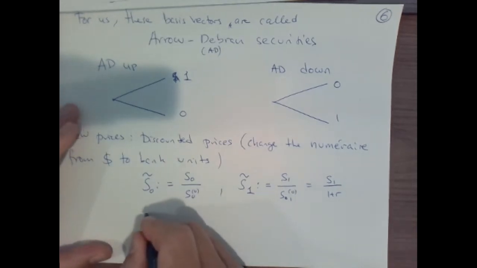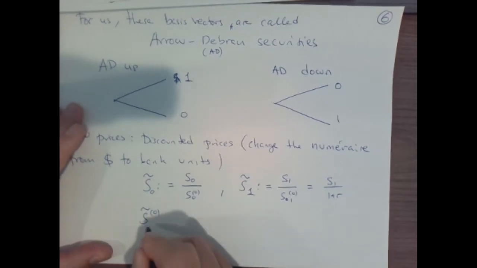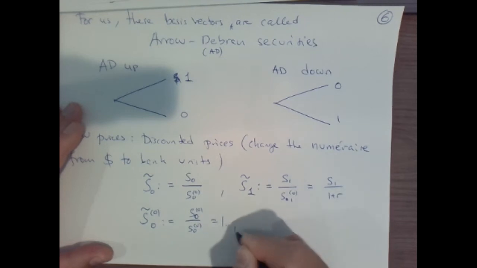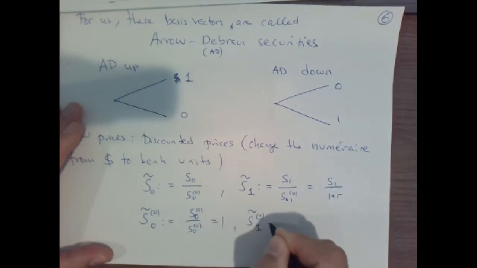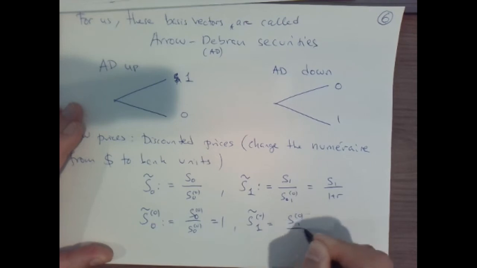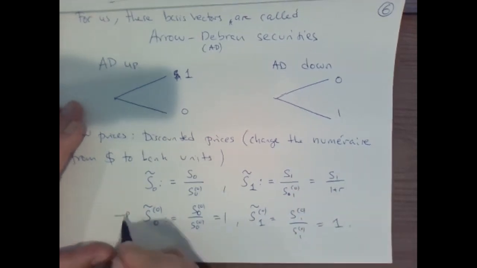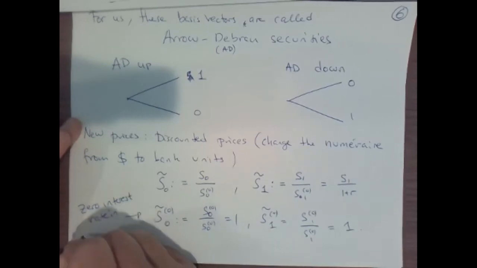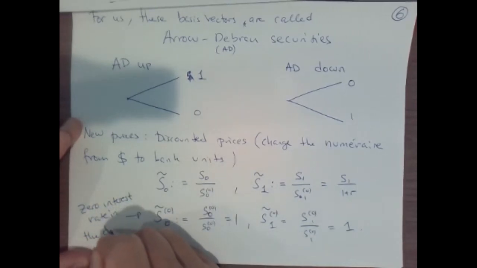And of course, I'll do the same thing for the money market account, but this is going to be a lot easier. Because if I take the money market account's value divided by the money market account value, I'm going to get 1. And likewise at time 1. So this shows that this has 0 interest rate in the discounted price system.